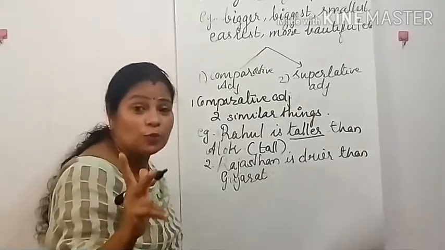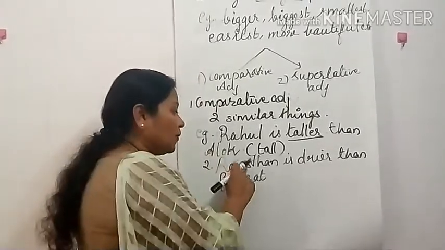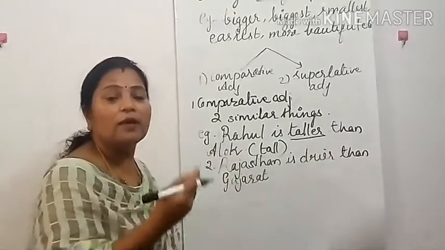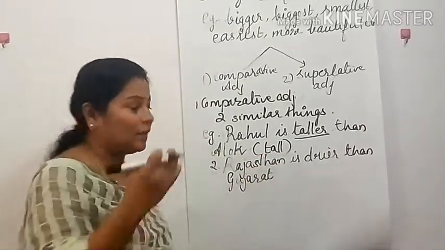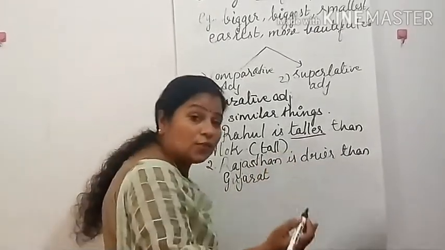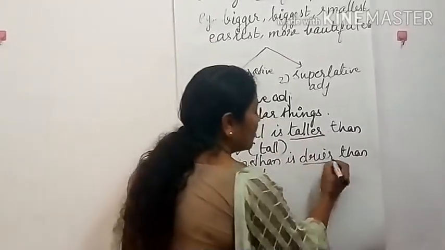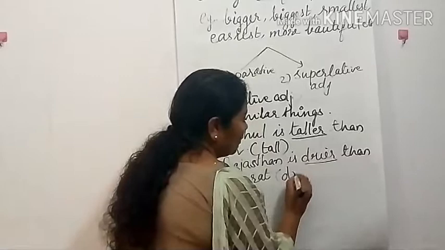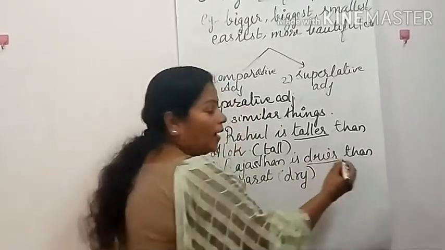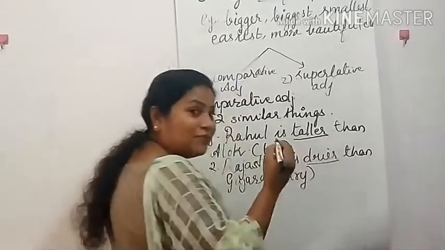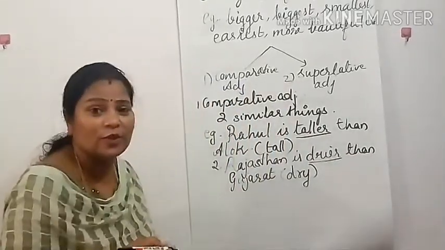So we have two similar things. What are they? Rajasthan and Gujarat. They are states, and they are being compared. Which is drier? So we say Rajasthan is drier. The comparative adjective here is drier, which comes from the adjective dry. And then we have than, which shows that it is a comparative adjective.